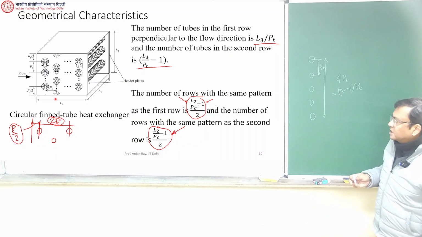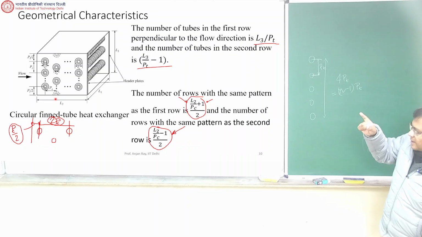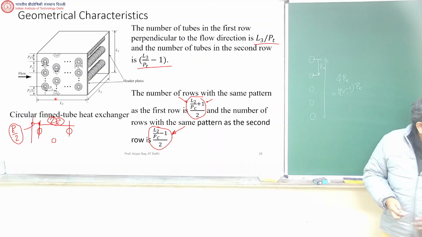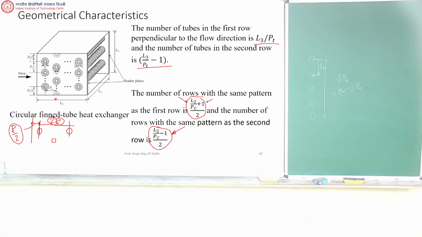But there is additional length also, above and below, right? What are those? Those are this PT by 2 and this PT by 2. Why does it have to be PT by 2? I mean, it's just something that he has taken. If it is slightly more than that and less than that, it might not matter much, but in this arrangement, it's PT by 2.